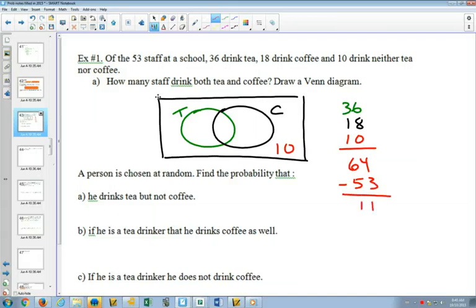And if I count the whole tea circle, the whole coffee circle, and the outside, can you see that I added this section in the middle twice? So one way to get the next number would be to look at something like that. And then from there, you can figure out the other two sections easily because you know how many drink coffee and you know how many drink tea. So that's strategy number one. Just show of hands. How many people use that strategy?